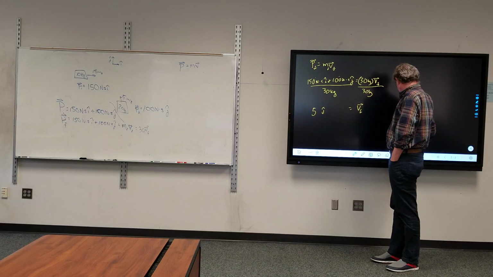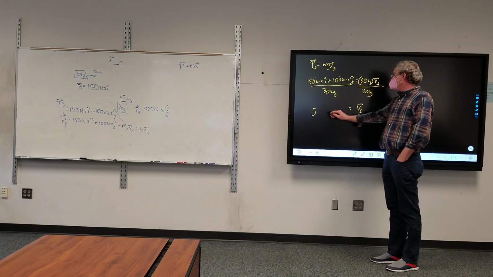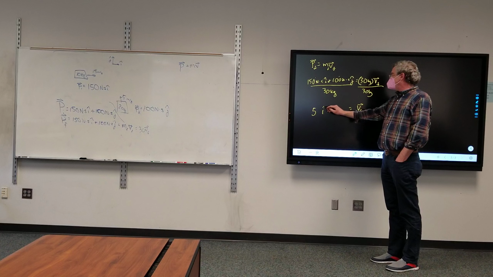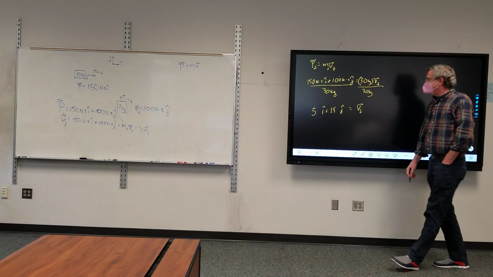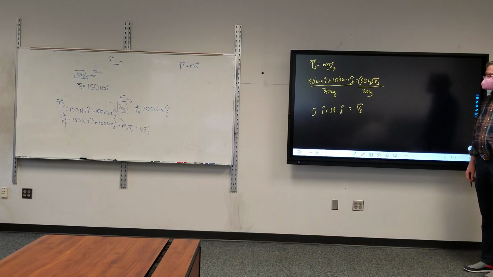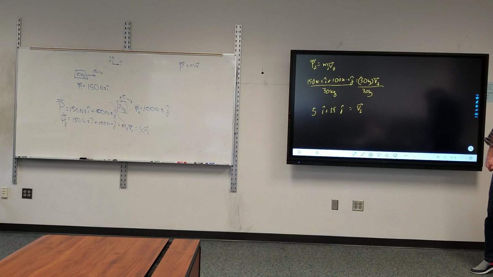Then that looks like a J, so let's try that one again. I. Plus 3.3 J hat. Units? Meters per second.